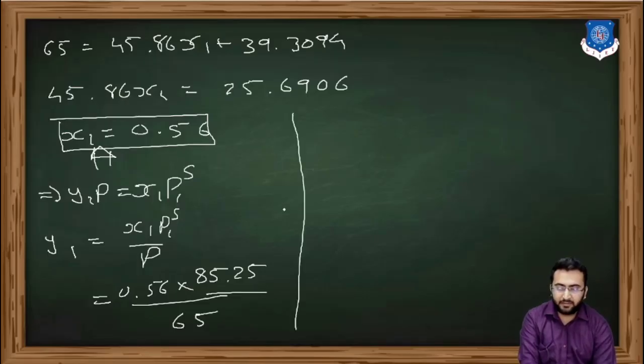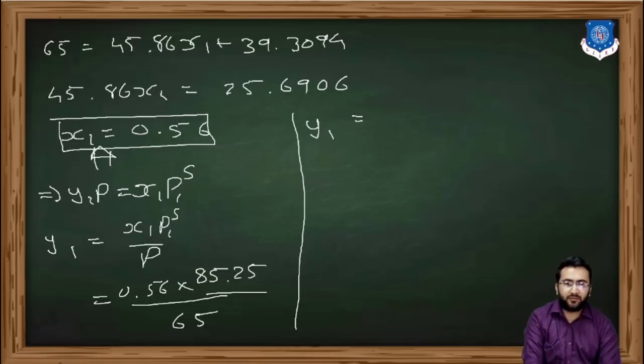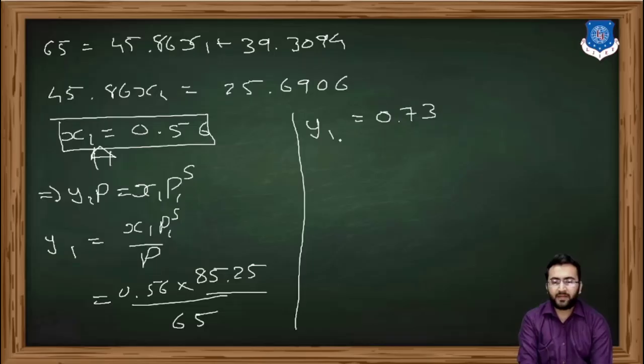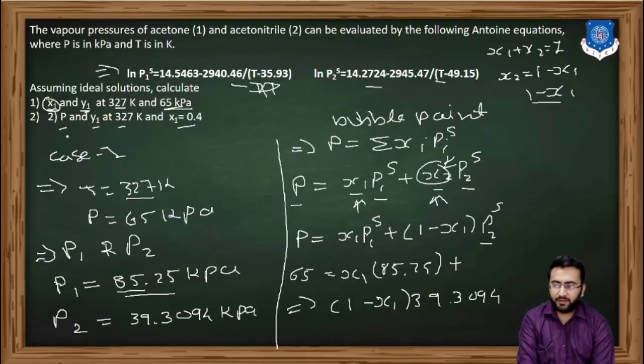Multiplying this, we get the value of y1, which becomes 0.73. So this becomes our answer, x1 and y1, for case 1.